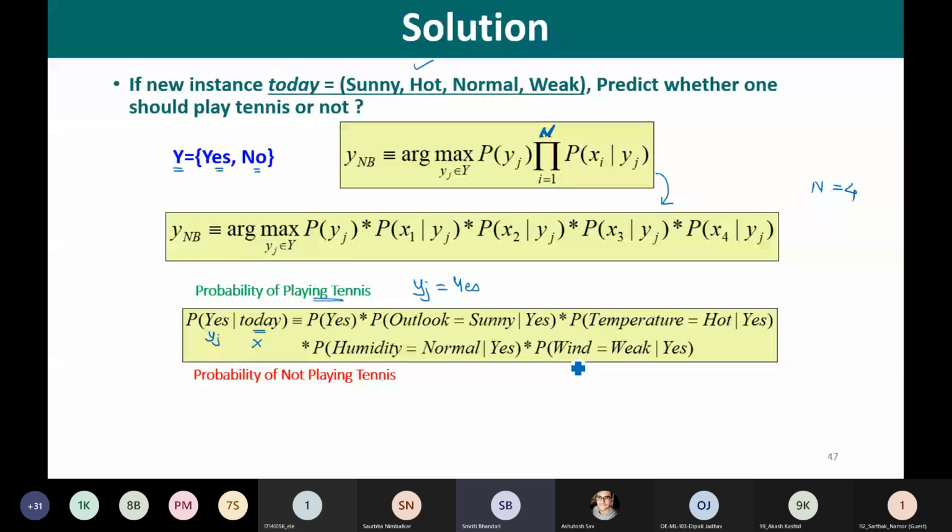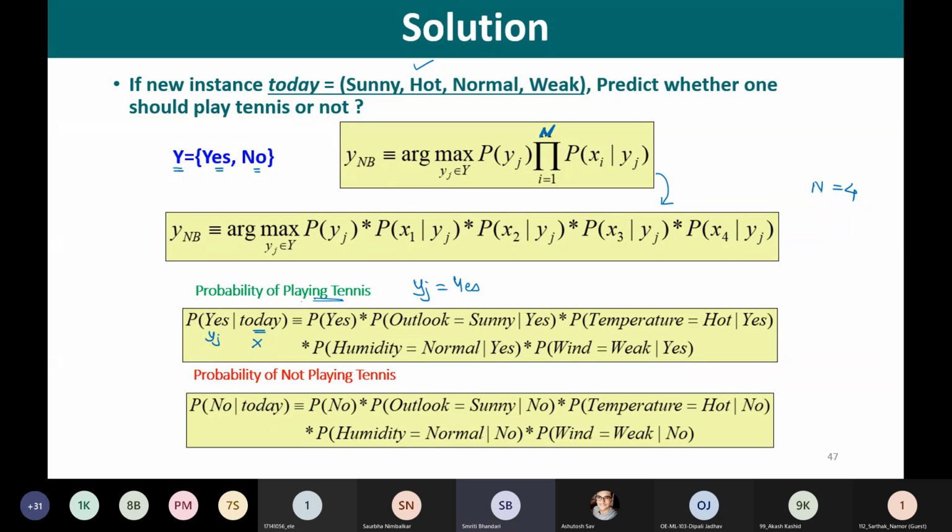So here x1 is outlook, yj is yes, x2 is temperature, x3 is humidity, and x4 is wind. These are the four attributes or features we have.